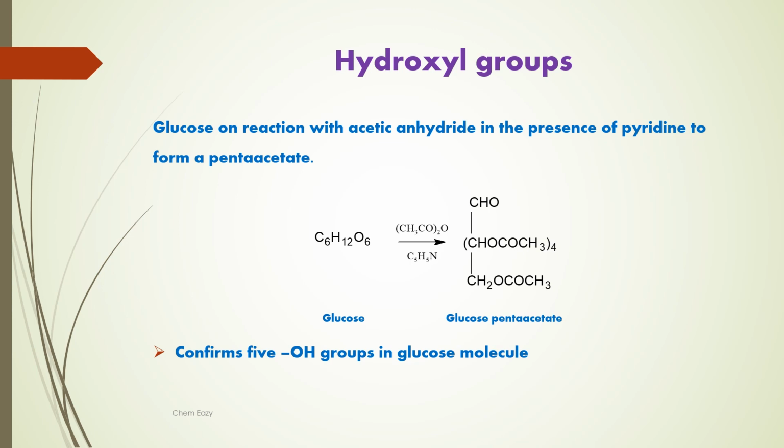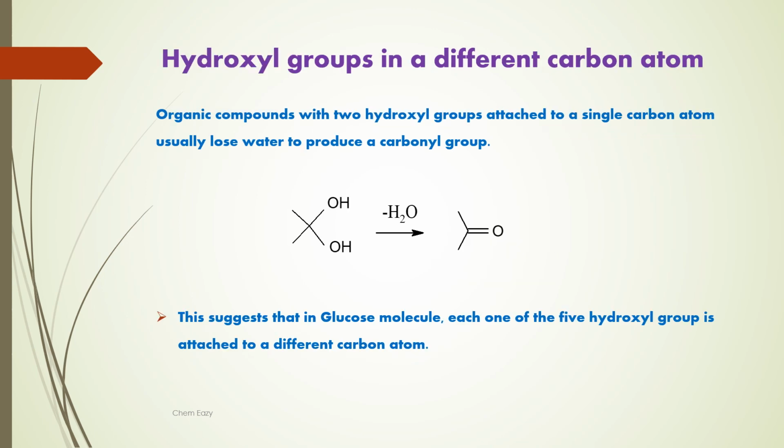This pentaacetate formation confirms the presence of 5 hydroxyl groups in the glucose molecule. Now we have to confirm whether these hydroxyl groups are present on separate carbon atoms or whether more than one hydroxyl group is present on the same carbon atom.